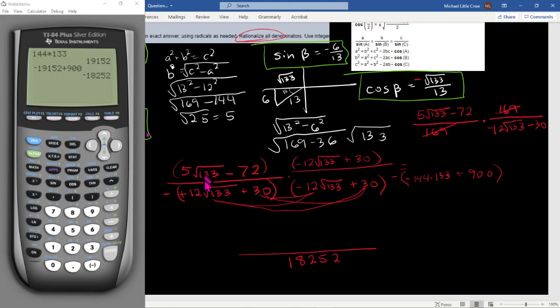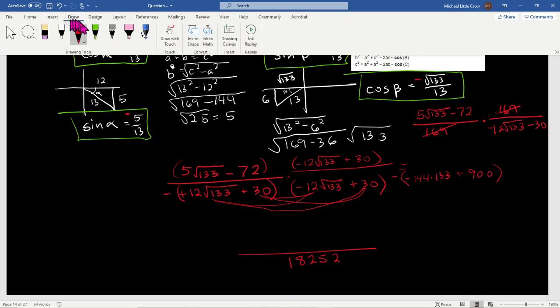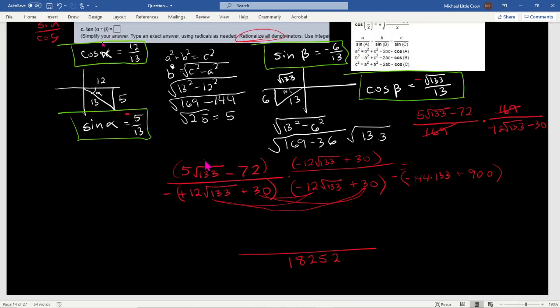In the numerator, we're going to multiply the first two. So 5 times 12, it's going to have a negative on it. 5 times 12 is 60. Square root of 133 times 133 is 133.